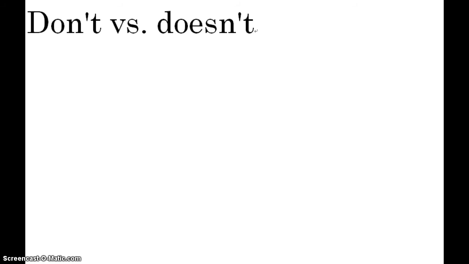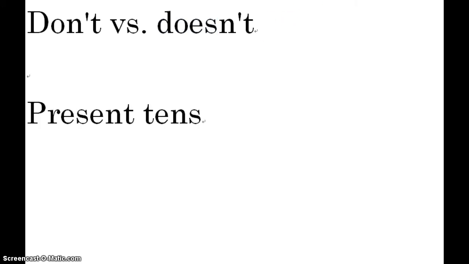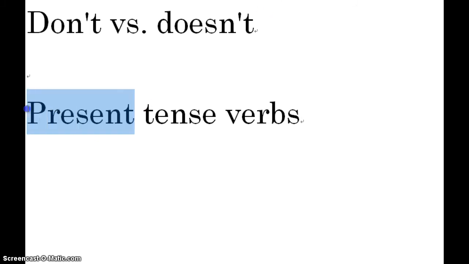They are both present tense verbs, words used to show that something is happening now, because do and don't and does and doesn't are both present tense verbs. So let me type that word here. Present tense verbs are words used to show that something is happening now. Another word for present is now.